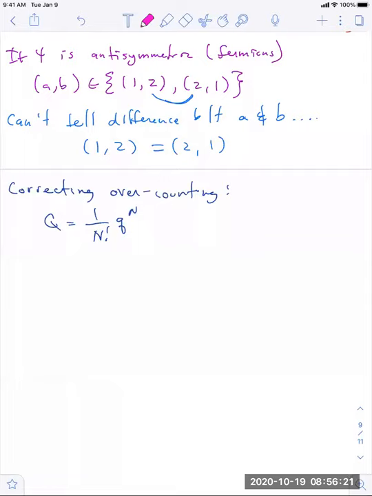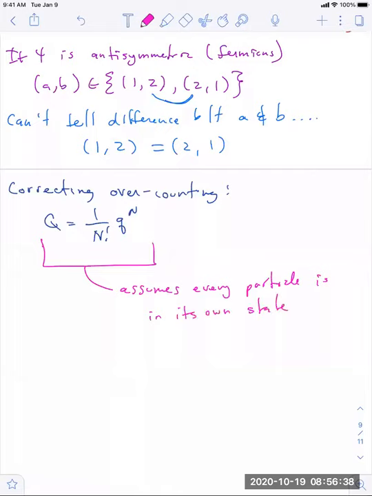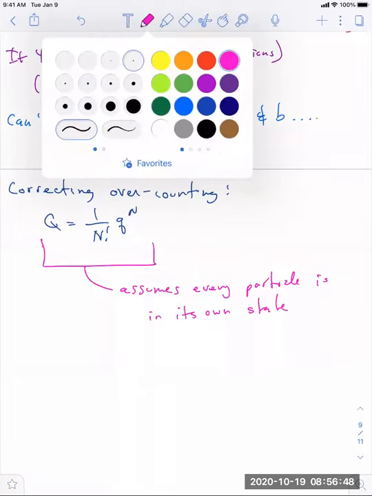But this also makes an assumption. It assumes that every single particle has its own state. If this is not the case, then dividing by n factorial is actually over-accounting for the double counting of Q to the N. So we call this approximation Boltzmann's approximation.